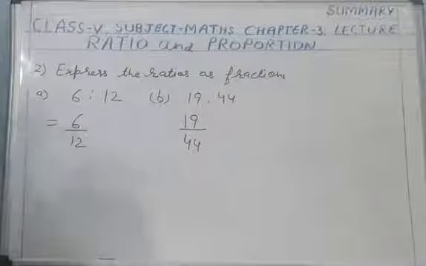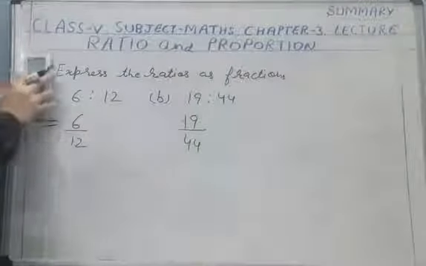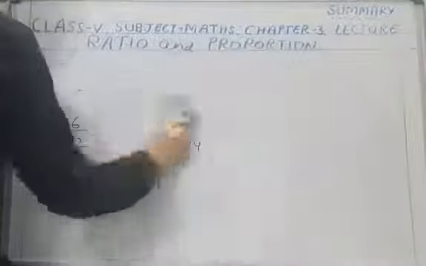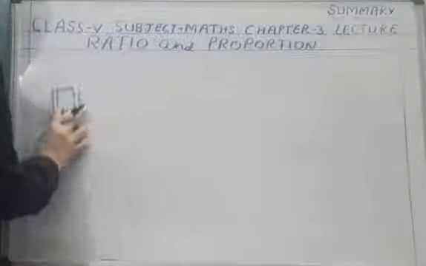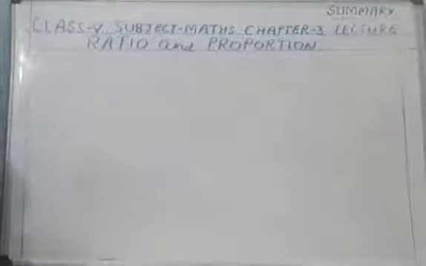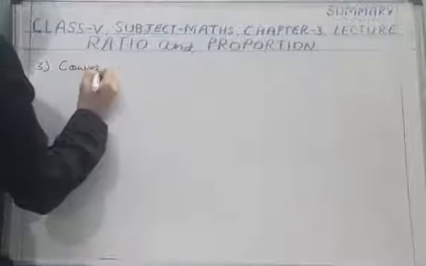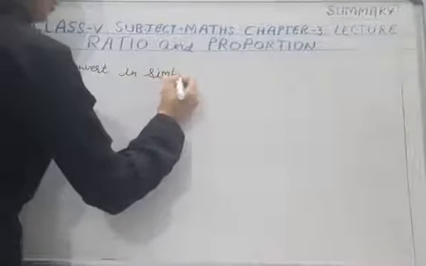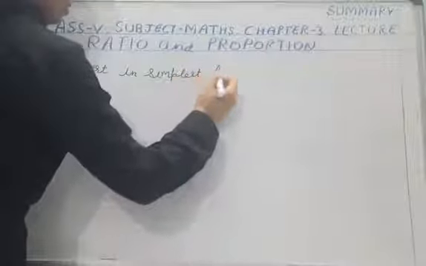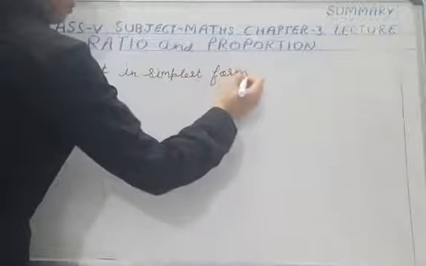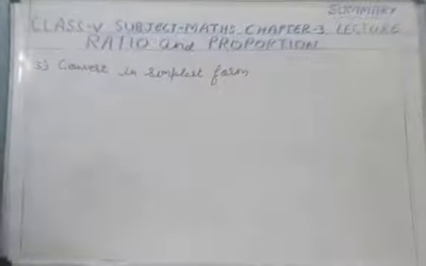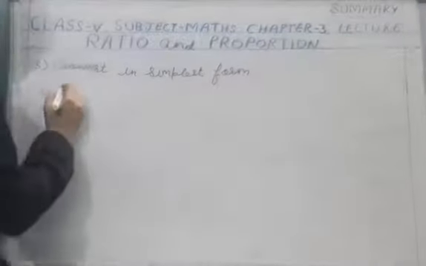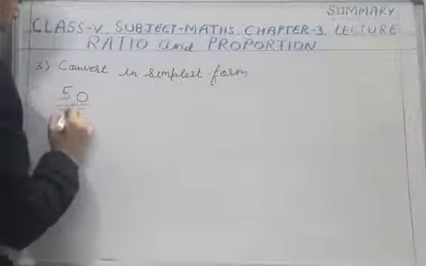Understood? Now our third question, convert in simplest form. Simplest form means you have to convert it into lowest form, right? Suppose we have the question 50/100.